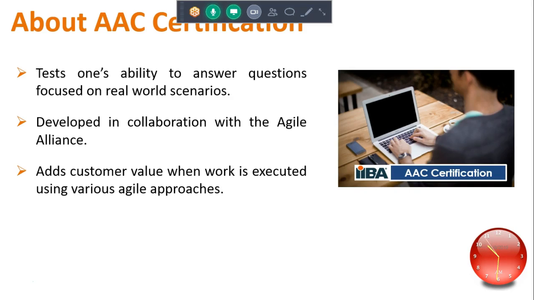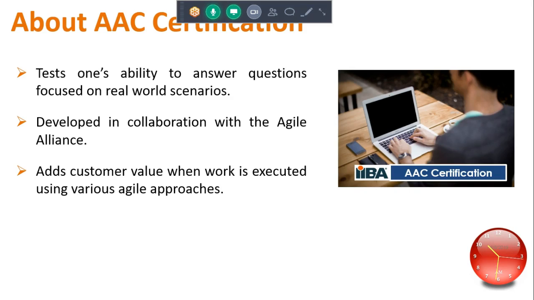So BCS, the British Computer Society, is specifically a learning organization. They have a number of different certifications, diploma type things, and the IIBA forged an alliance with them to cross honor their certifications.